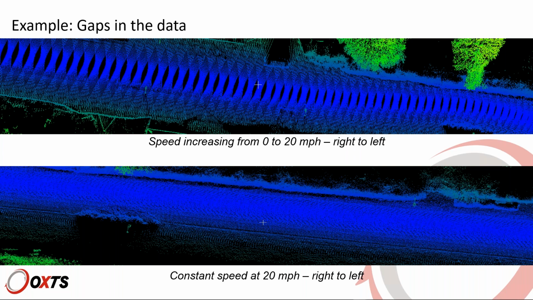So as a result, instead of having these condensed gaps, what you would have is these gaps spread more evenly on the road surface. So you would have basically an increased distance between scan lines.